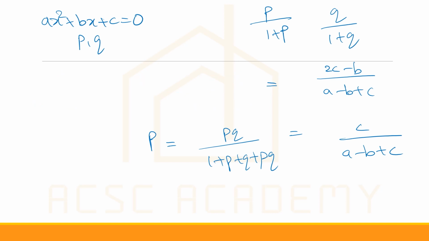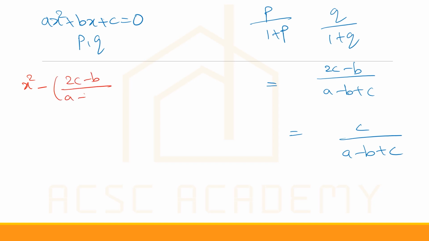So using the sum and the products, the value of q2 that we will get is x squared minus sum of roots into x, 2c minus b upon a minus b plus c times x plus product c upon a minus b plus c equal to 0.